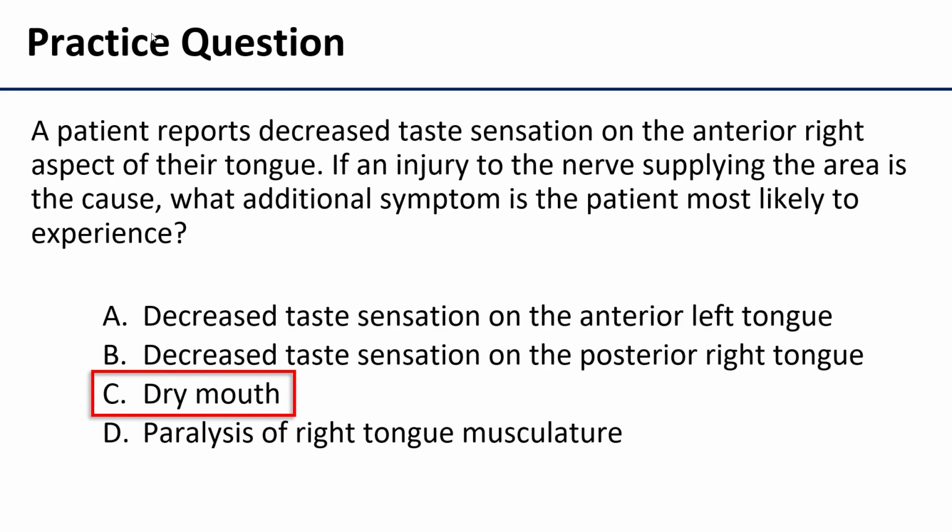All right, so we need to figure out what nerve is responsible for taste sensation on the anterior right aspect of the tongue. And that is going to be that right chorda tympani. Okay, and knowing that, we can use that to answer the question.